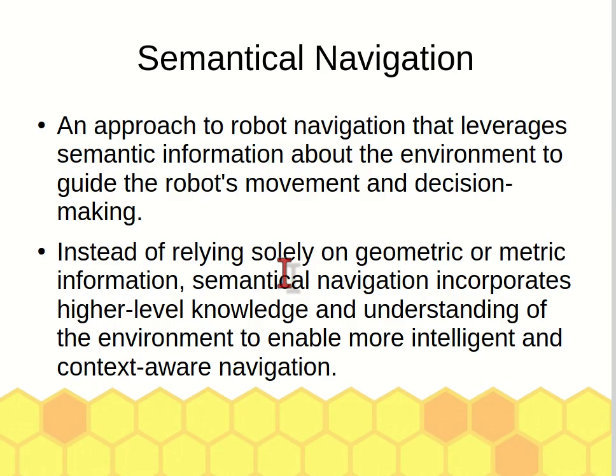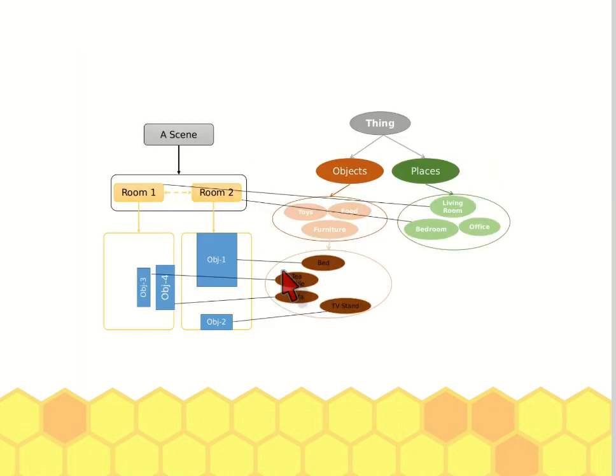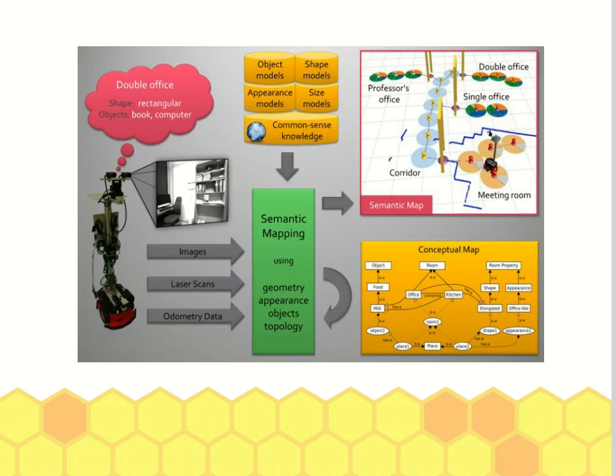So this is another type of navigation based on semantic map rather than topological or geometrical map. Now you can represent the relationship using semantic. So you have the conceptual map to represent the environment.